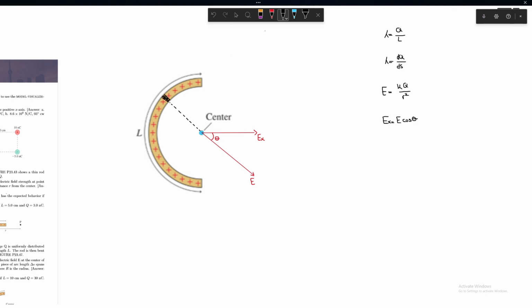So we're accounting for this piece, which has dq and ds. Okay, and ds is for how long this little piece of rod is. And so now I know this is my r, which is my radius, as well as the distance between the point to the charge.